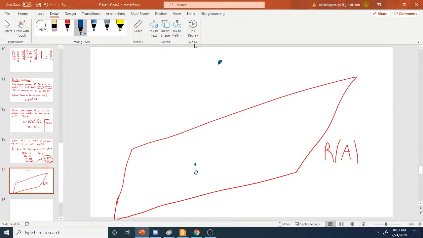If this is the origin, then we have a vector v pointing from the origin to here. You basically orthogonally project v onto this subspace, and this gives us the projection of v onto R(A).